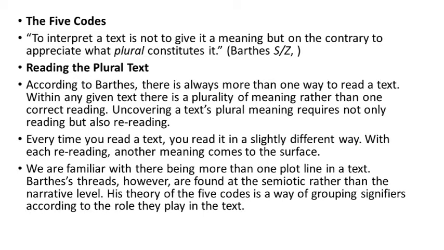We are familiar with there being more than one plot line in a text. Barthes' threads, however, are found at the semiotic rather than the narrative level. He moves in the way of signs and how signs give the meaning. His theory of the five codes is a way of grouping signifiers according to the role they play in the text. Now he is going to speak about the five codes.